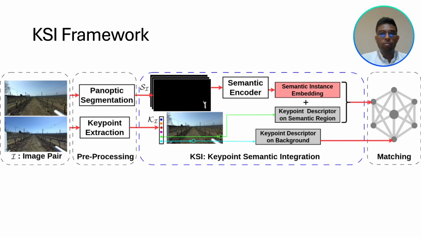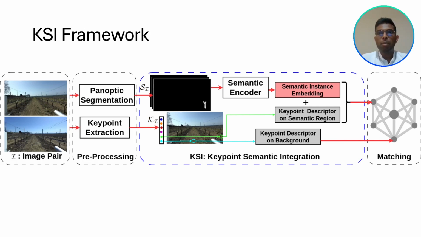and then we look for the key points that are on these semantic instances, and for those key points that are on the semantic masks, we get the corresponding semantic mask and we use a semantic encoder to generate a semantic embedding which will represent the shape of the trunk and also the size and the location and things like that.